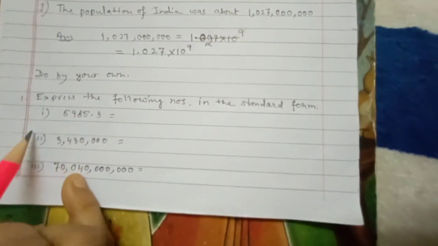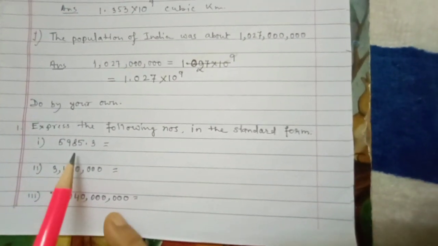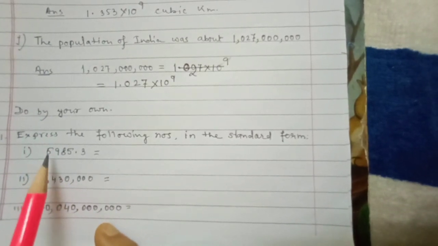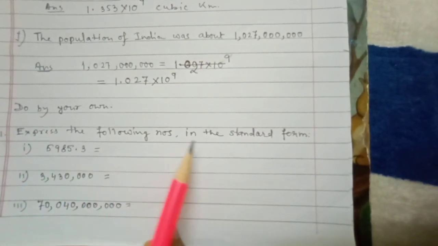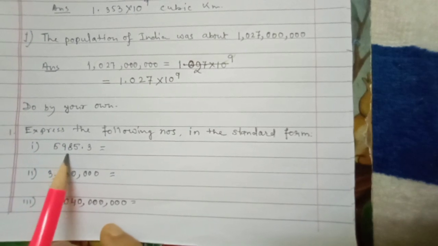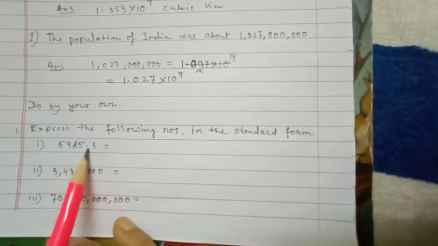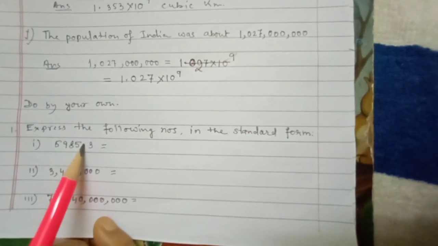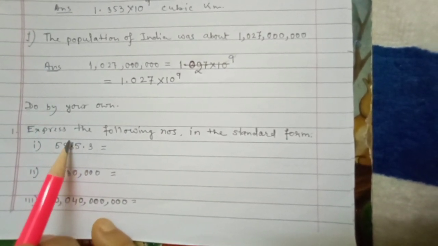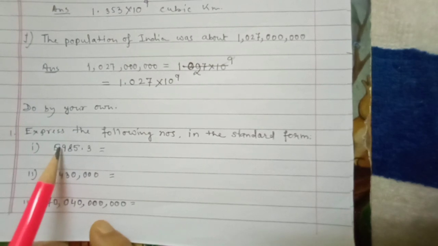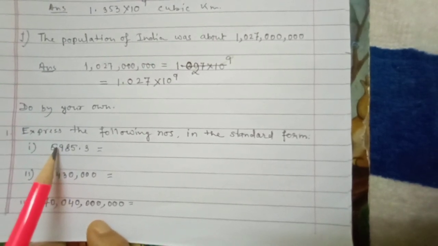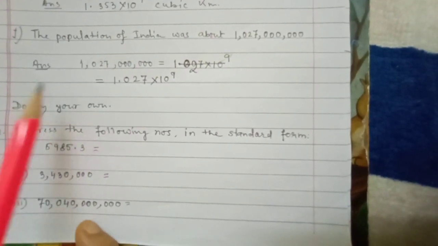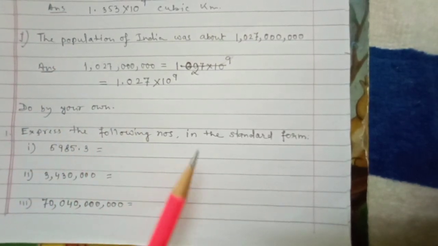There are a few sums I have given you as homework, so you can try them. Express the following numbers in standard form. 5985 into 0.3. You have to express it in standard form. From here the point will move, and I hope all my students will do the sum correctly if they watch the video properly.